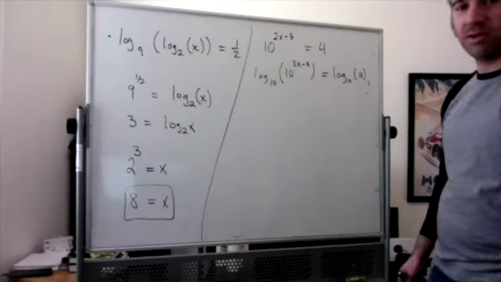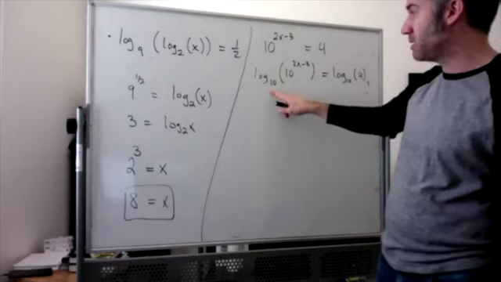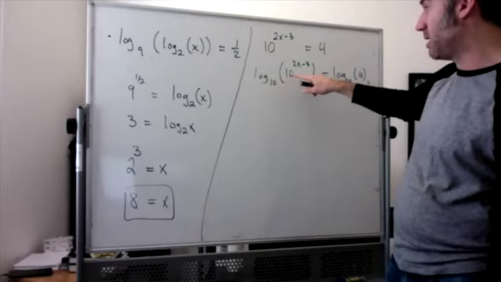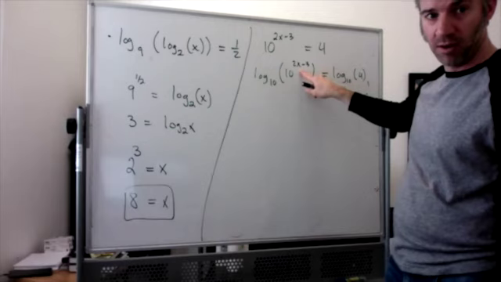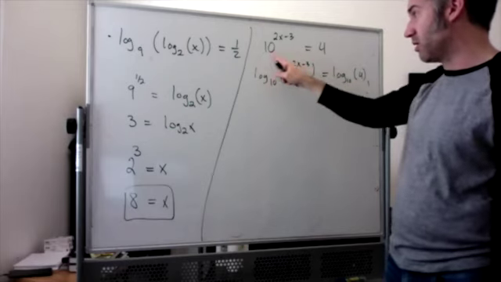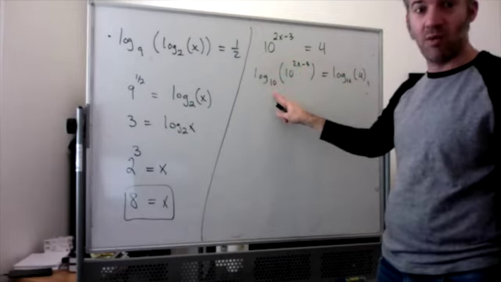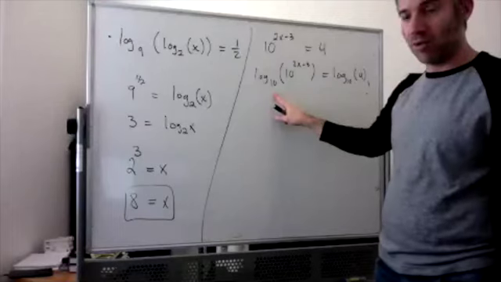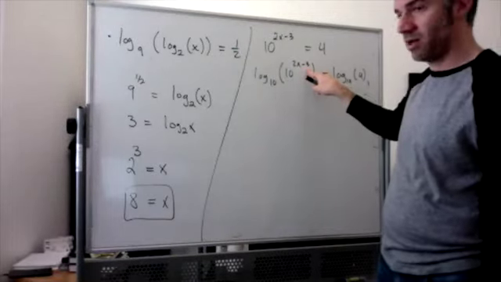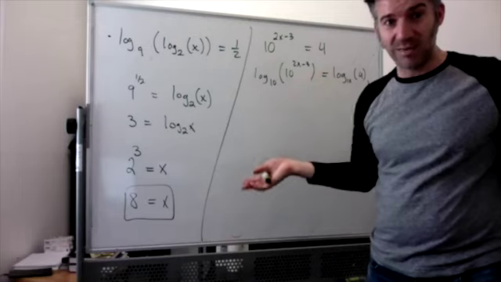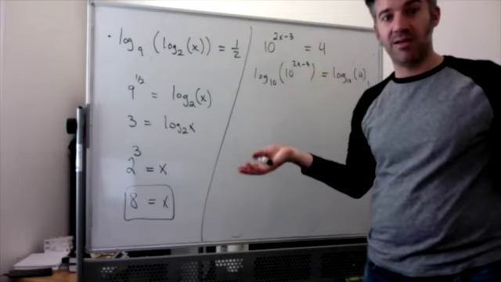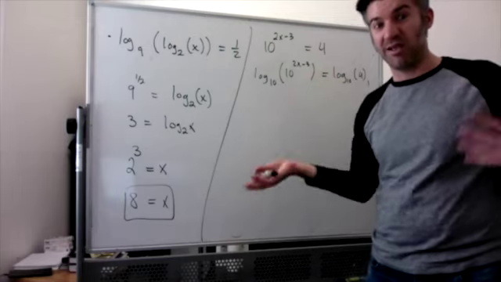And this is always going to be true when you have a log with a base of something that has the same base to a power. Because what you're really asking here is, 10 raised to what power equals 10 to the 2x minus 3? Well, of course, it has to be 2x minus 3.